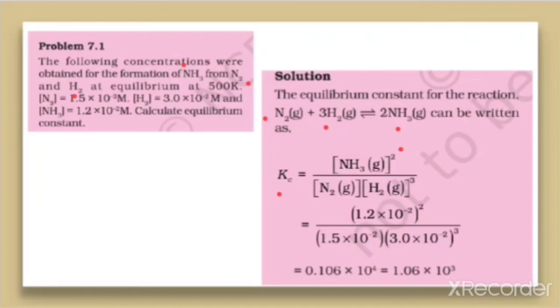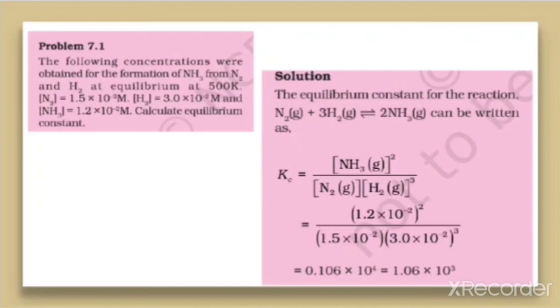If you do not balance the equation properly, the formula will be wrong, so the whole problem will be wrong. So it is very important to balance the equation. So now this is a balanced equation, N2 plus 3H2 giving rise to 2NH3.